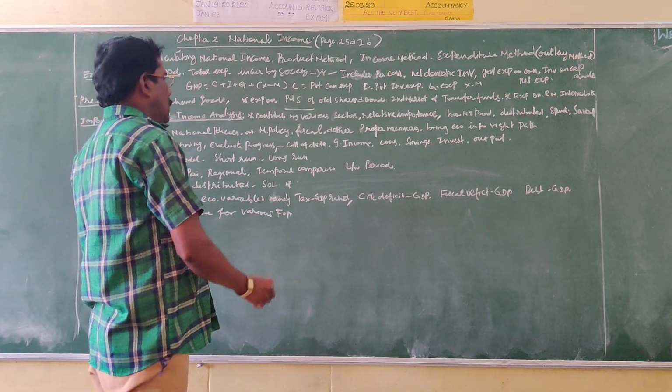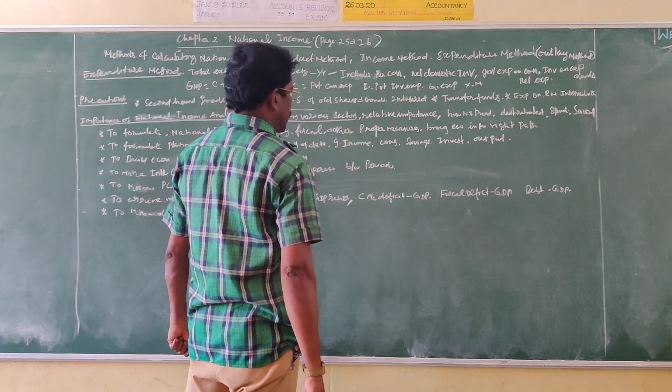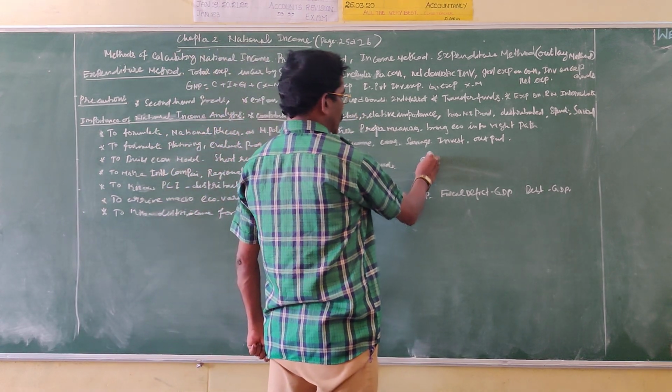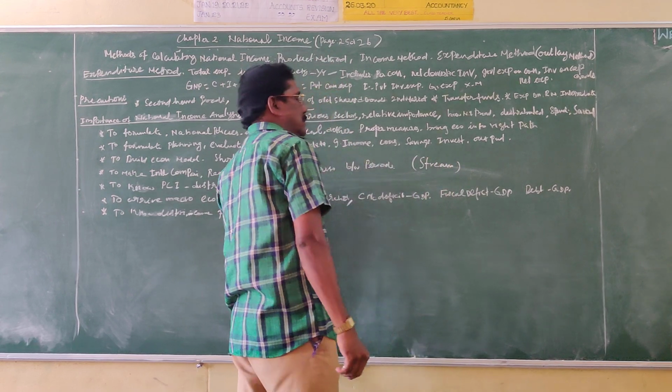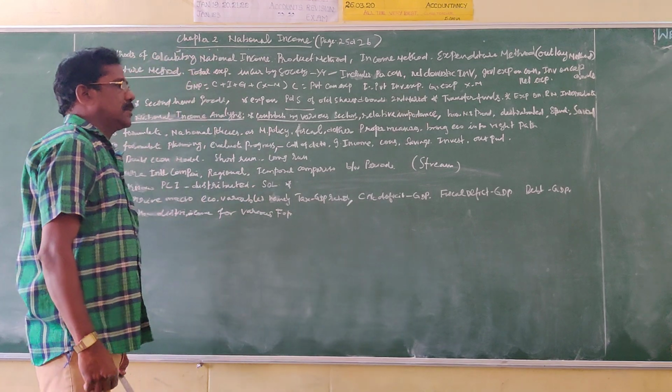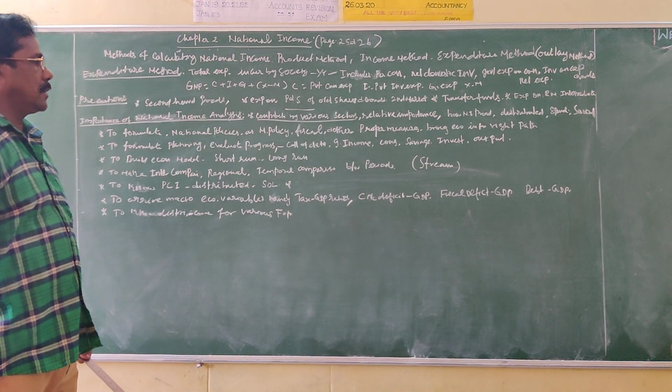Number 1, contribution by various sectors. National income is a stream, composed of various sectors. The stream of national income is contributed by various sectors.